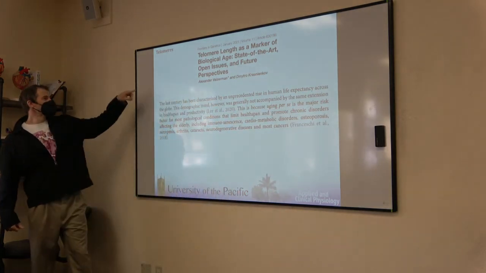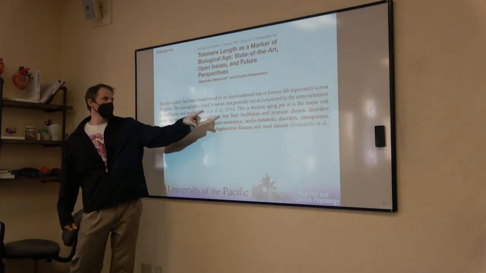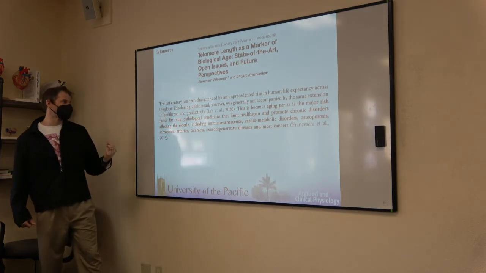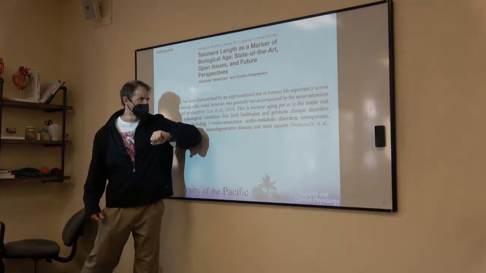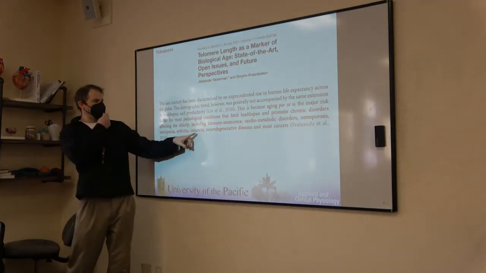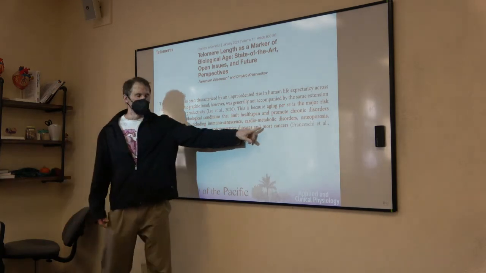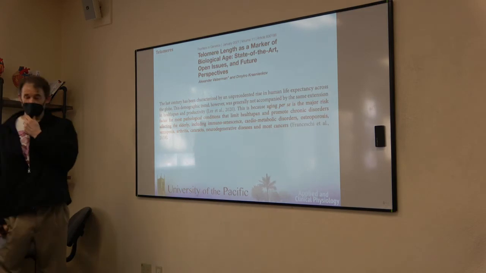Aging per se is the major risk factor for most pathological conditions that limit the health span and promote chronic disorders affecting the elderly, including immunosenescence, cardiometabolic disorders, osteoporosis, sarcopenia, just loss of muscle, arthritis, cataracts, neurodegenerative diseases, and most cancers. Aging is our risk factor for pretty much everything.